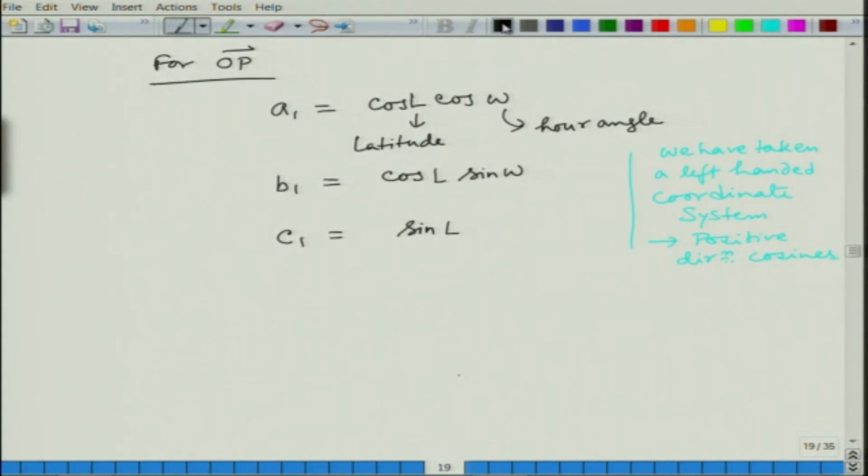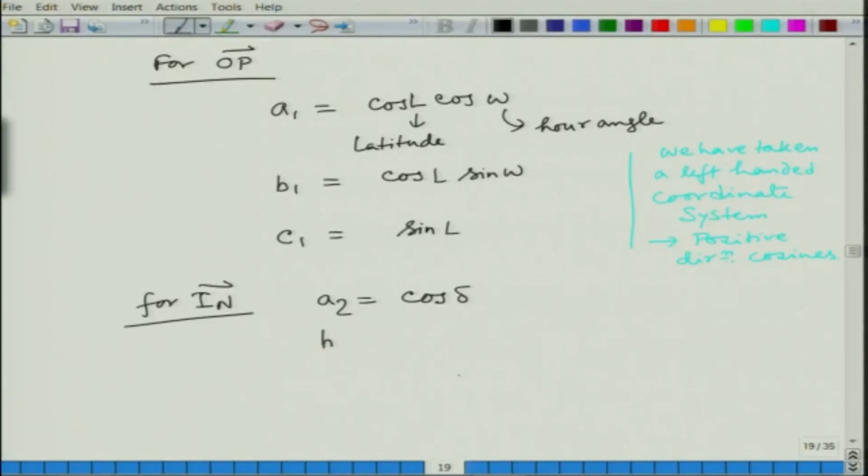Now, the other important vector is the vector I n, which represents the direction of the sun rays. The corresponding direction cosines, this will be A2, will be with respect to the declination angle delta. So, we will have cos delta, because that is how the x axis is chosen.